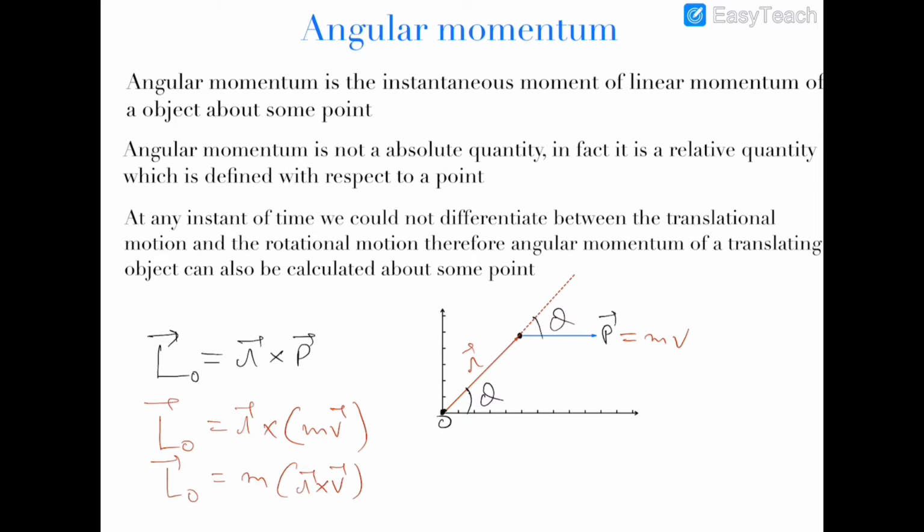So you cannot differentiate the two scenarios by only watching this instant of the particle, whether it is in translating motion or in rotational motion. So angular momentum can be calculated for objects which are only translating, and obviously for those which are rotating as well.